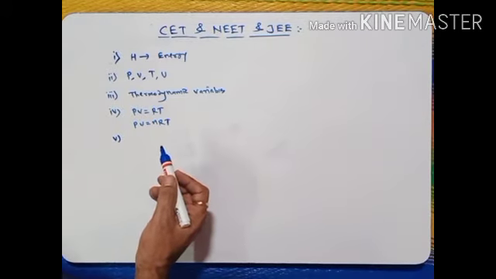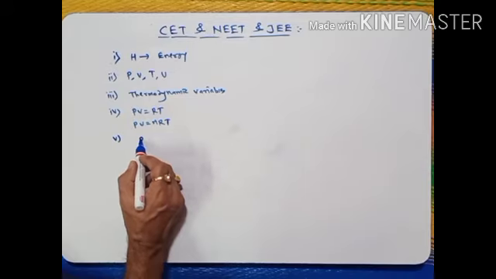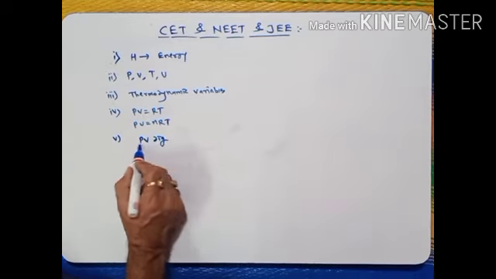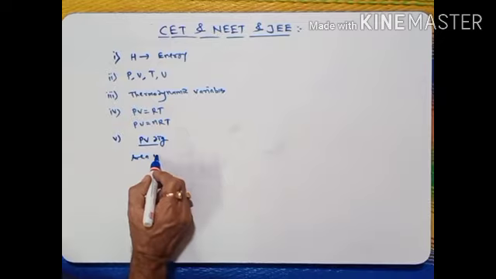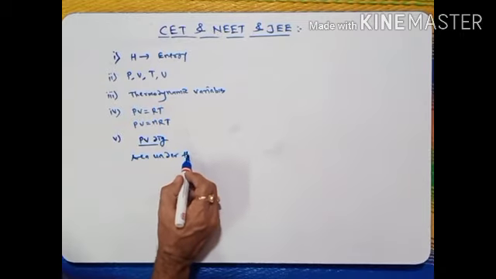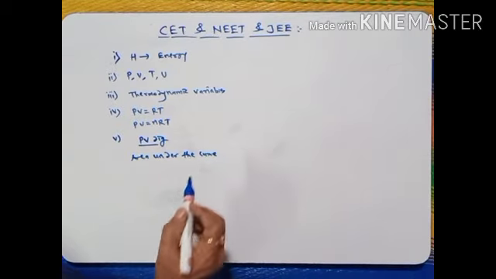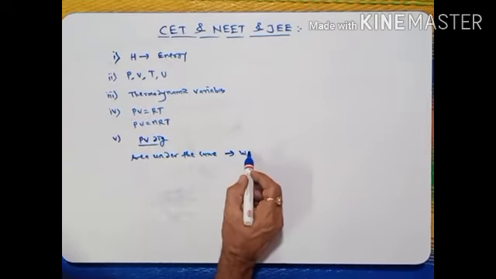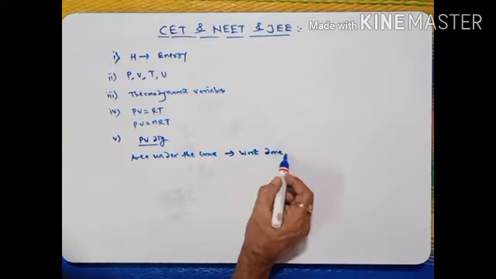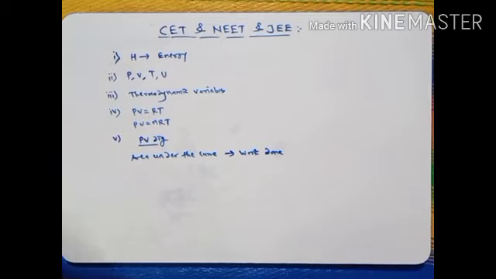And we consider the area under the curve. Suppose we consider a PV diagram, then the area under the curve shows work done. This is the important point. Area under the curve shows work done.